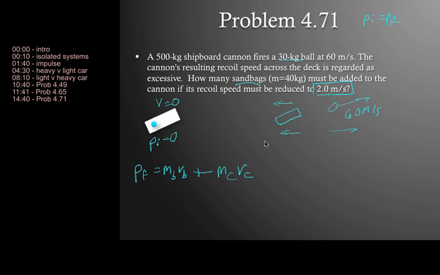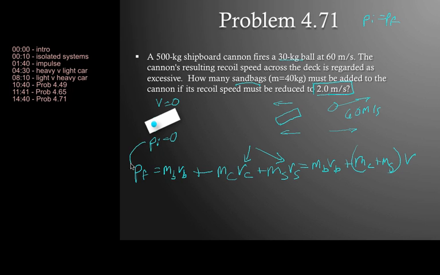And then the cannon is going to move with these sandbags, so it better have the same velocity. So this mass of the cannon, the velocity of the cannon and velocity of the sandbags, let's rewrite that to be mass of the ball, V ball, plus mass of the cannon plus mass of the sandbags times V. And this V is what we want to set to be this 2 meters per second.